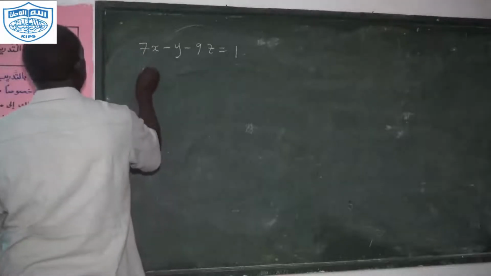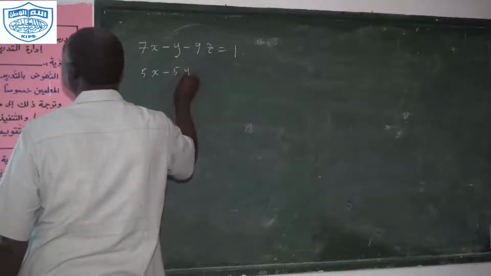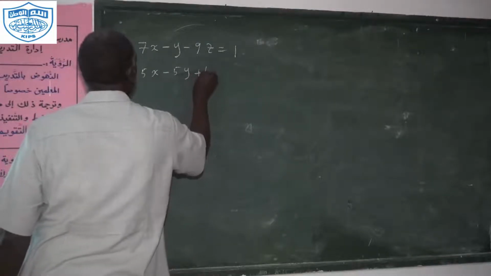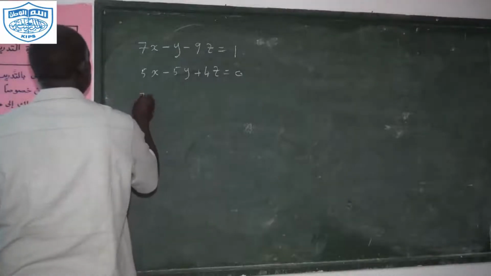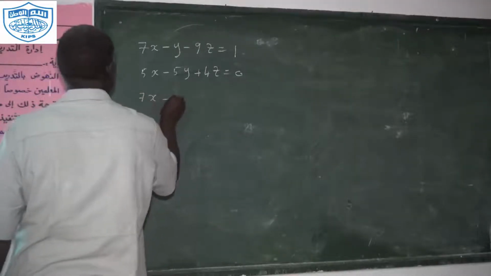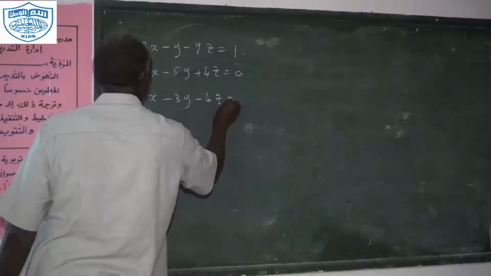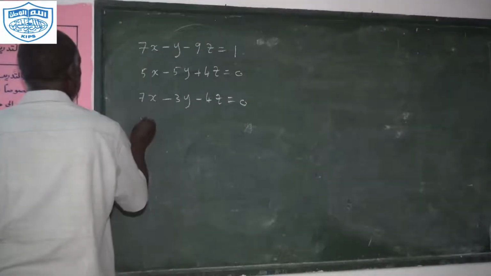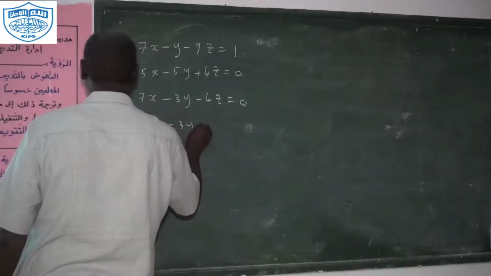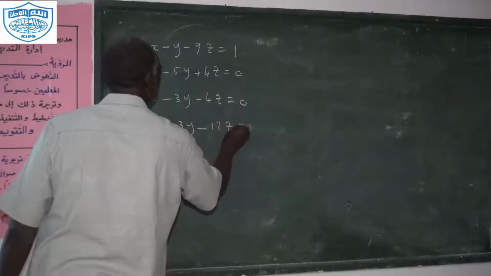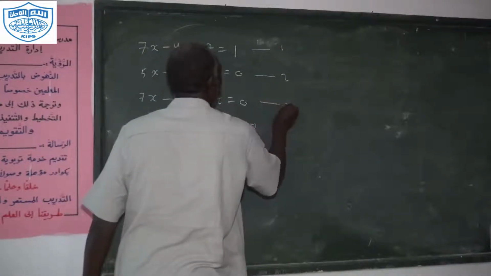The second equation, 5x minus 5y plus 4z equals 0. The third one, 7x minus 3y minus 4z equals 0. The last equation, 12x minus 3y minus 12z equals 0. This is equation number 1, number 2, number 3, and number 4.